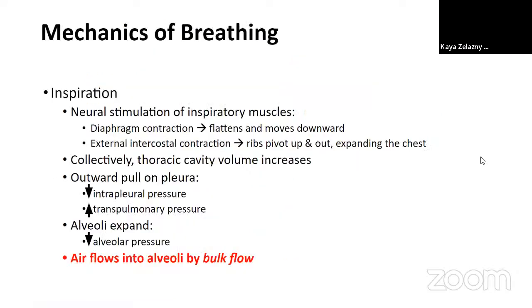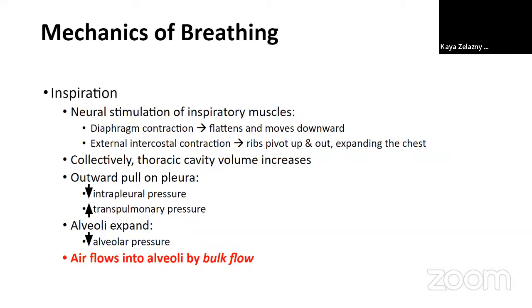So if we're thinking about a cycle of breath, we start with neural stimulation. So we start with nerves. A specific nerve called your phrenic nerve runs down from your neck to your diaphragm. When we send an action potential down that nerve, it tells the diaphragm to contract.